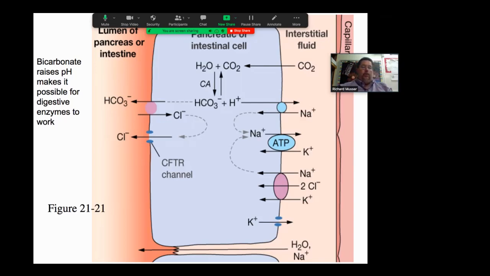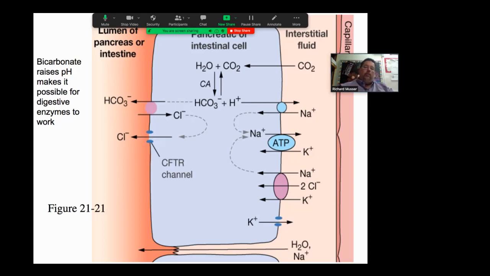Because as you know, if you had a low pH, your own digestive enzymes wouldn't work, which are made of proteins, because that low pH breaks hydrogen bonds and so forth. You can see that a chloride ion is going to do this co-transport, or anti-transport, as it's called.